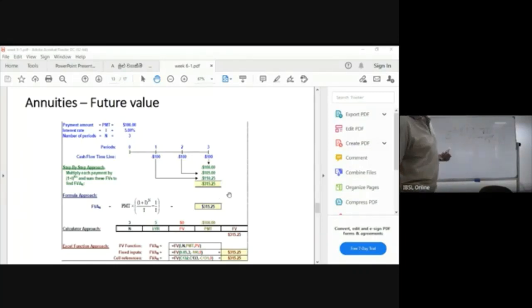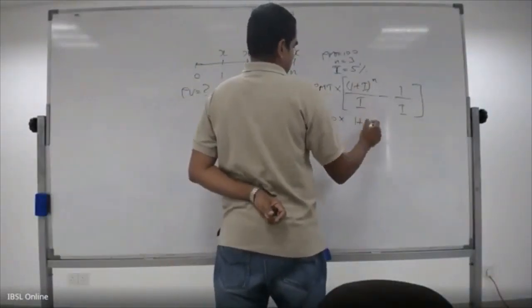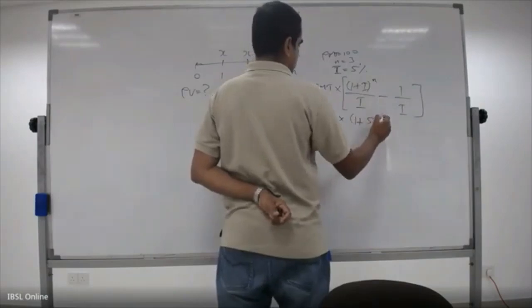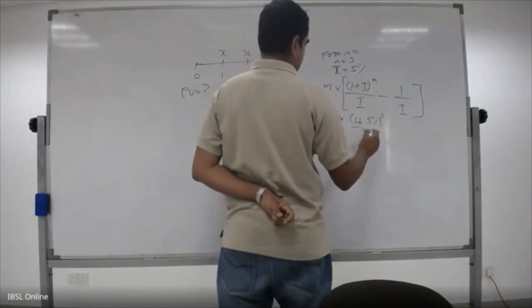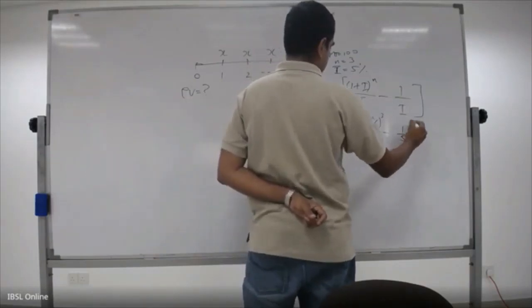By the way, both these equations will give you the same answer, because I is common. So 100 into 1 plus I, 5%, to the power 3, divided by 5%, minus 1 over 5%.